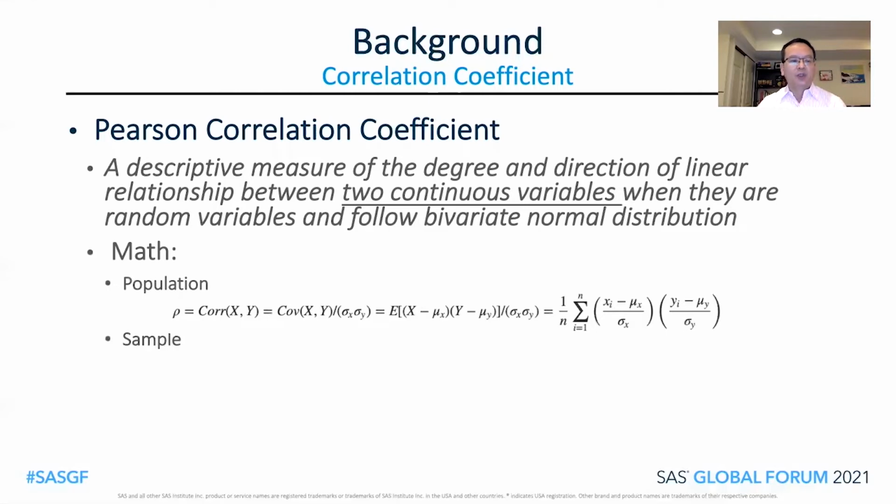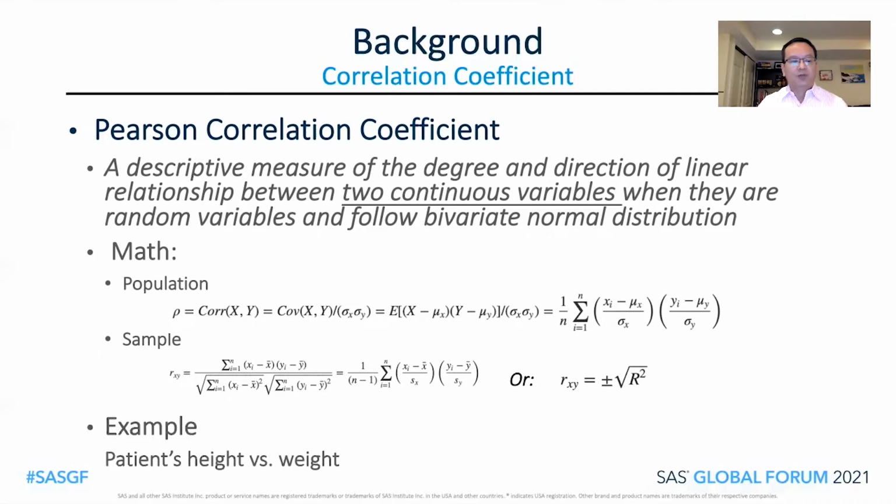And we know this population statistic can be estimated from sample statistics. And if you have a simple linear regression for these two variables, then it can also be derived from the R square of the model, and then you put a sign in front of it.